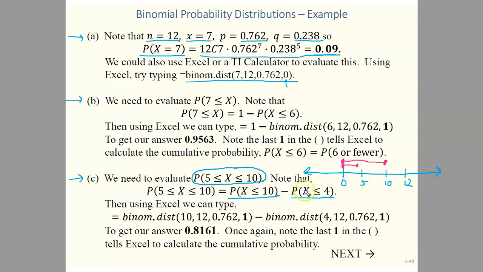And so when we subtract these two, what we're going to get back is this probability right here, the probability exactly from 5 to 10 when we subtract them. You see, when we subtract this from this, it's taking away this part right here and leaving us with this probability, the probability that X is between 5 and 10. So that's what we have to evaluate.